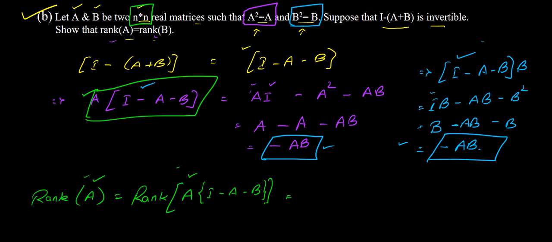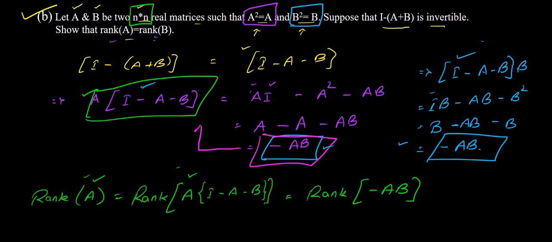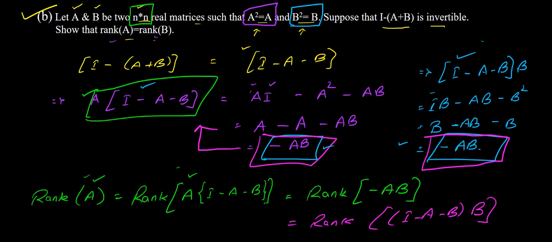So this can be said as rank of minus AB, because this is obviously the simplified form of the statement. Here we can see minus AB is just the simplified form of this statement. Therefore the rank will be same. So this can also be written as rank of I minus A minus B into B, because here also you can see minus AB is the simplified form of this equation.